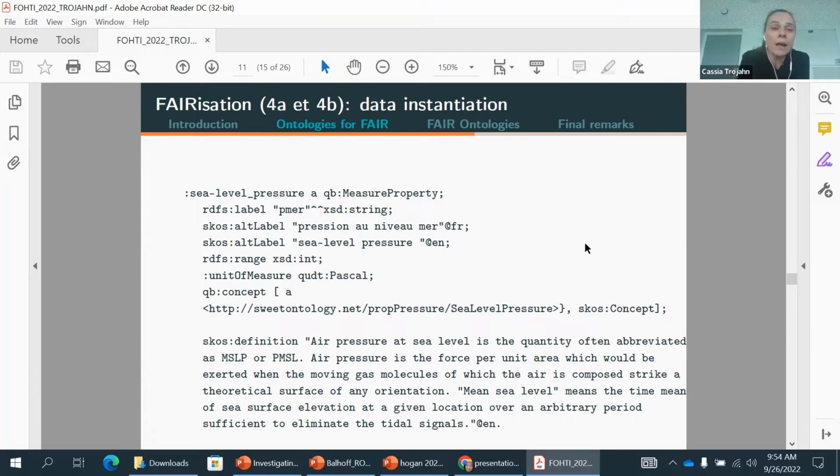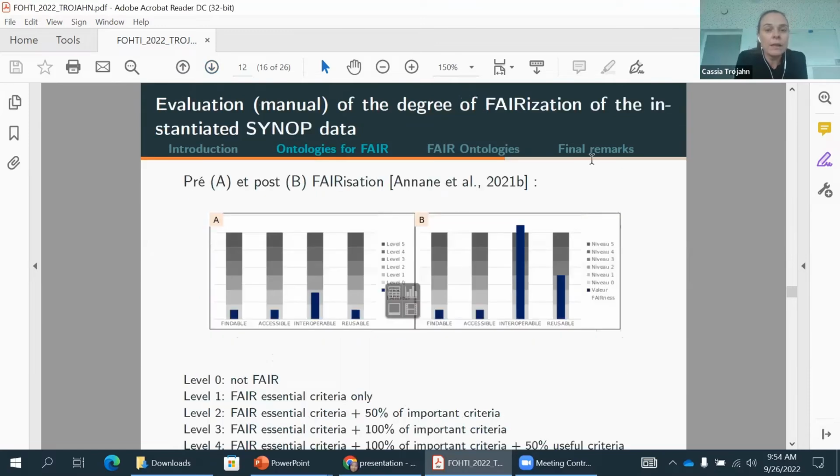So you have analyzed this data without the ontologies and with the ontologies, and we have evaluated how users can understand this data without and with the semantic annotation. And then in the next slide, you have some information on the evaluation of the shareability, and you can see here that we improve interoperability.